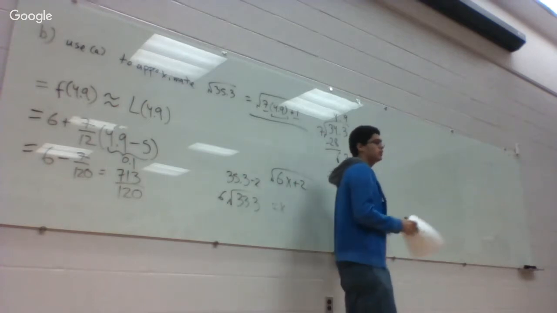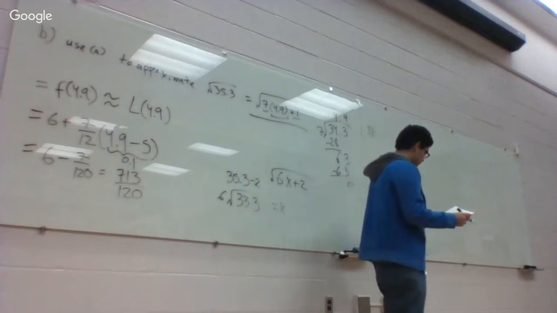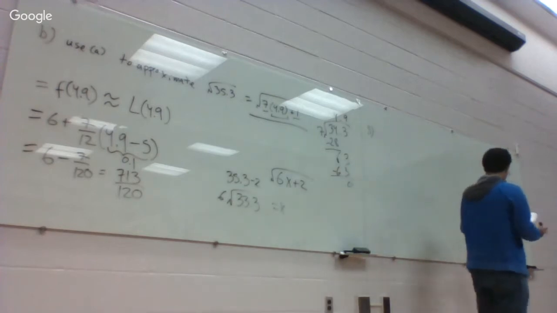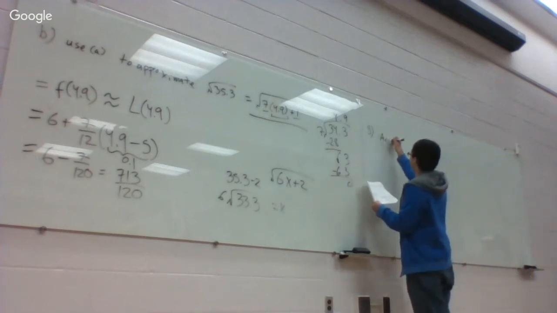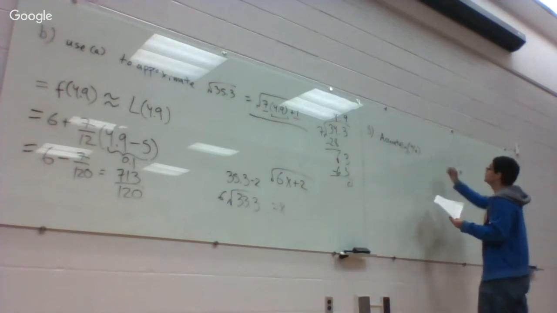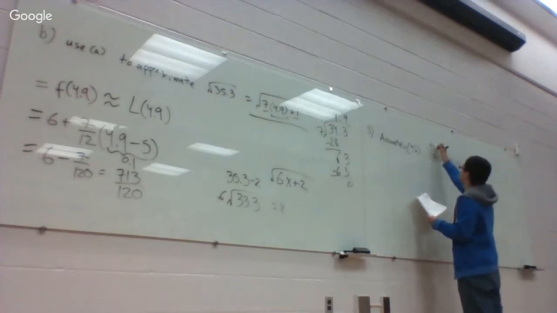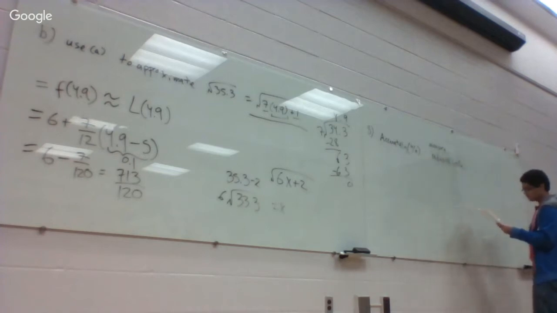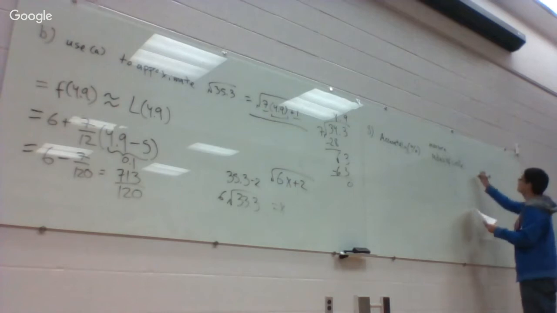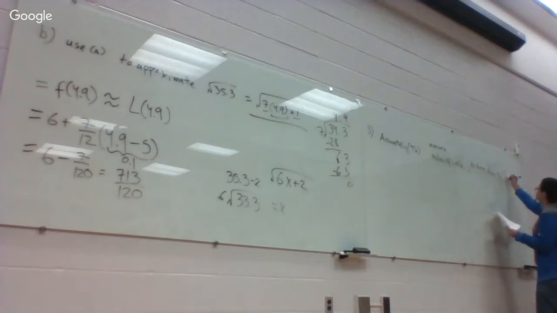Use differentials to approximate how accurately you should measure the radius of a circle to have an area within plus or minus 6% of the true value.